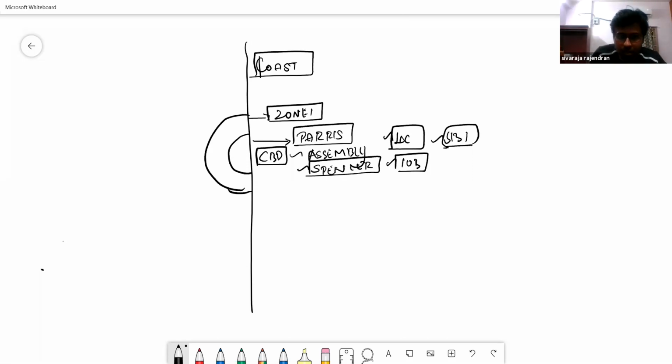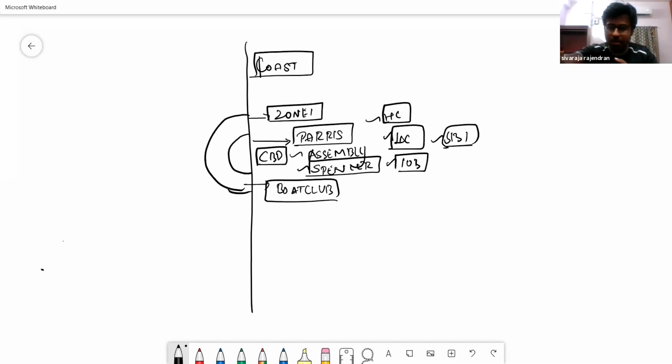If you see the main, you will know there is something called the Boat Club. In the central business district, the High Court is there, correct? The High Court is there. A little outside, but the High Court is in that region only. And the judges who are working in that High Court, where are they settled?